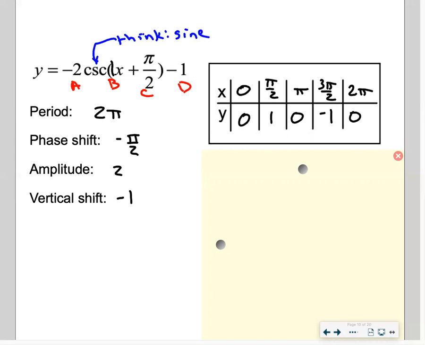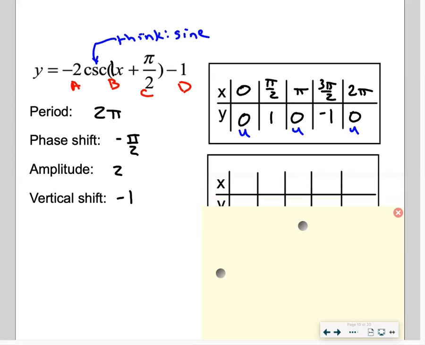After this, everything's pretty much still the same as what we did before. You would label your undefined points where your zeros are. Those are going to be your vertical asymptotes. And it looks like if I divide by b, dividing by 1 is still going to give me the same thing, right?